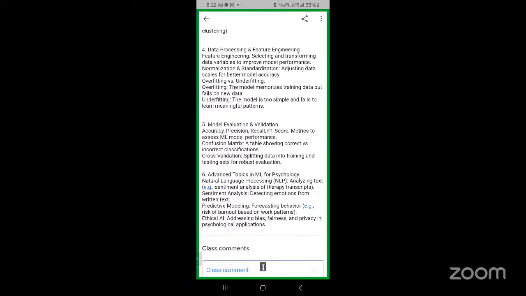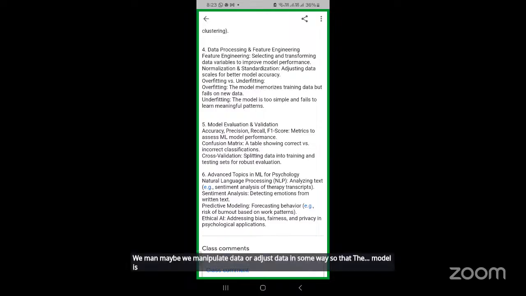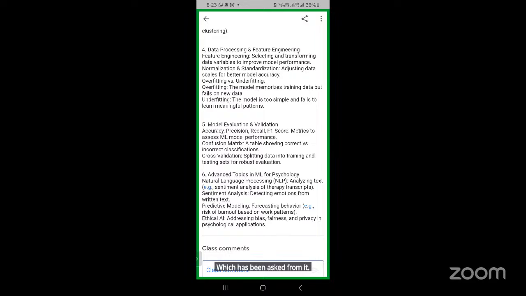I understand that maybe we manipulate data or adjust data in some way so that the model is giving very specific information which has been asked from it, or it is predicting without much scope for error. So normalization and standardization might decrease scope of error, improving accuracy in prediction or classification.